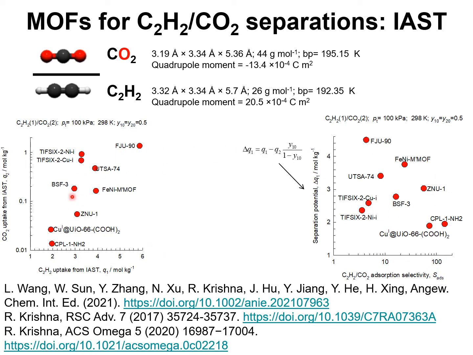So the message to emerge from the IAST is not all too obvious, because FJU90 has the highest separation potential, but the desired product is only available in the blowdown phase.